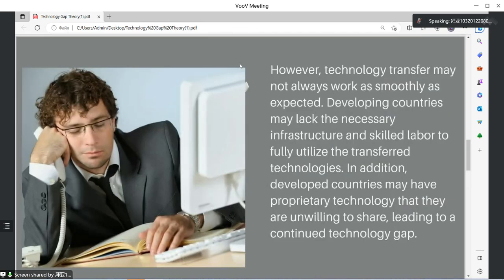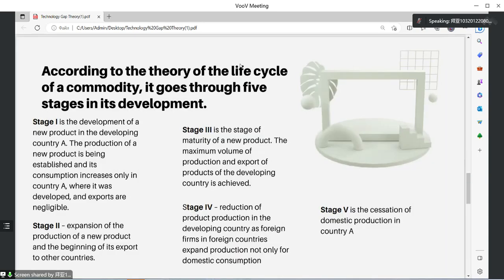However, technology transfers may not always work as smoothly as expected, because in the countries that take the new technologies and products from other countries, the workers cannot work with them because they don't know how to do this, what they should do, and they didn't study it as part of economics.